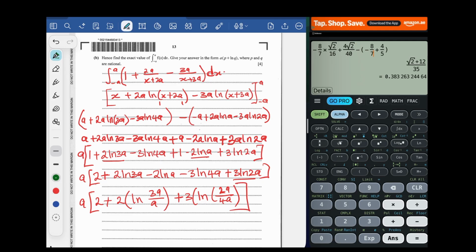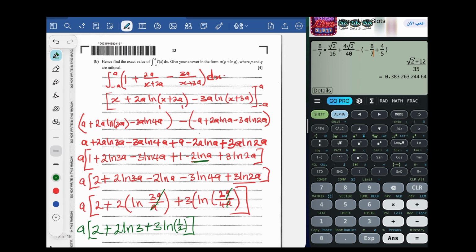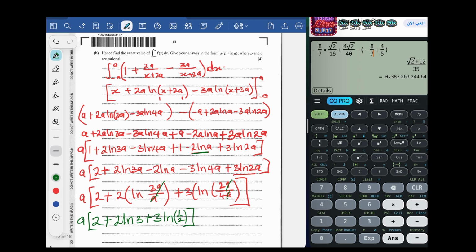Because there's 2 here, I grouped them to make ln. So a cancels, a cancels. So this is a 2 plus 2 ln 3 plus 3 ln 1 over 2. So we are to give it in this form.